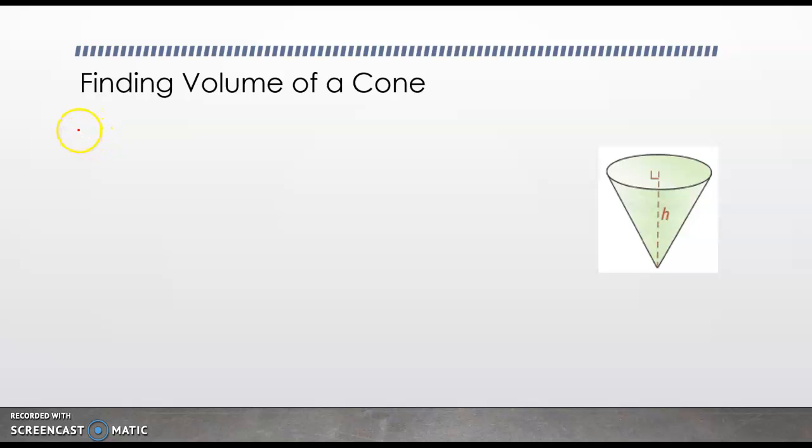This is the formula that you're going to see on a formula sheet: 1/3 pi r squared h.